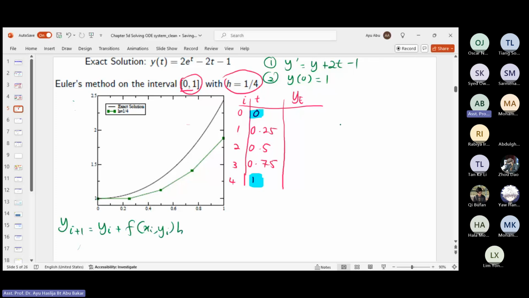Okay, so for y1, y0, the starting point, y equals 1.